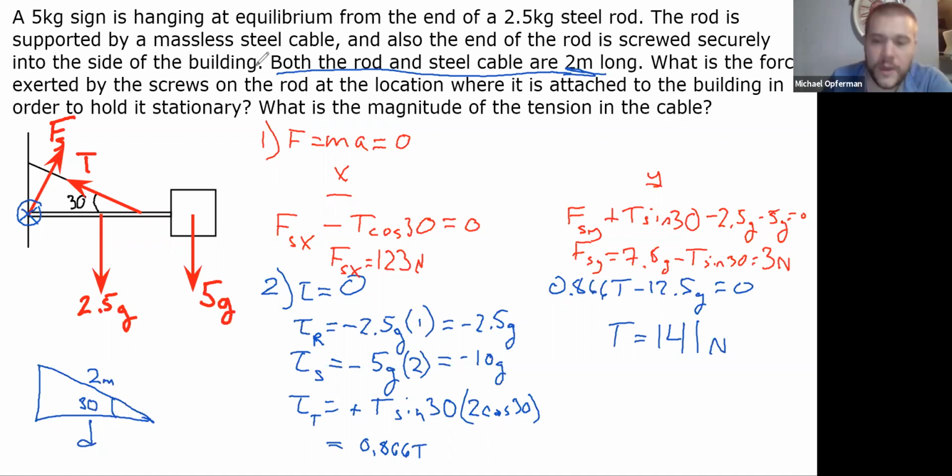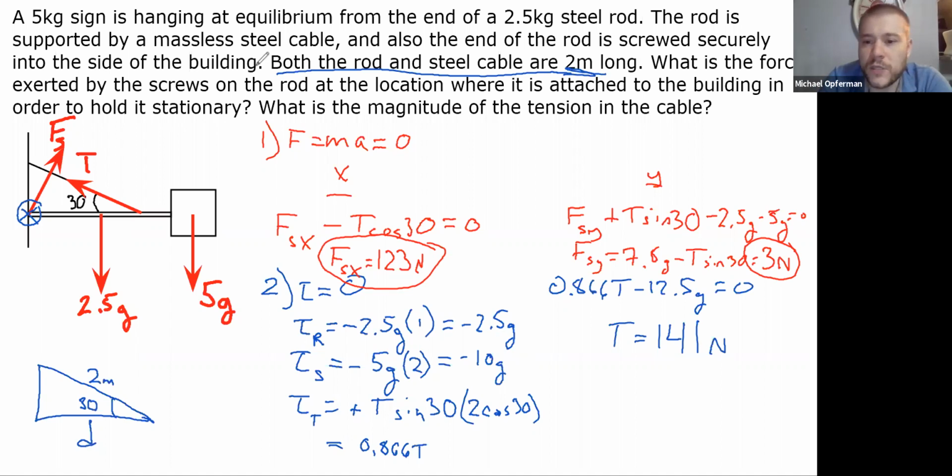Yep. Okay. So the two components: the question was, what's the force exerted by the screws? That's here. It has components FSX is 123, FSY is 3. So that's the force exerted by the screws.